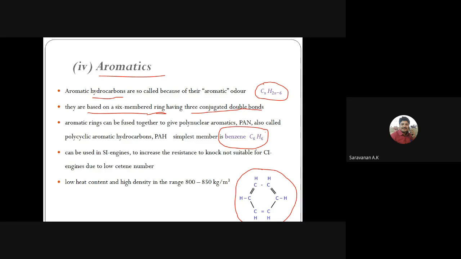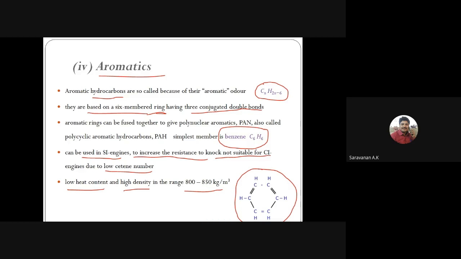In school itself we studied the benzene diagram. That is the aromatics. It is used for SI engines to increase the resistance to knocking, and for CI engines it has a low cetane number. Its density is around 800 to 850 kg per meter cube, and it has a low heat content.